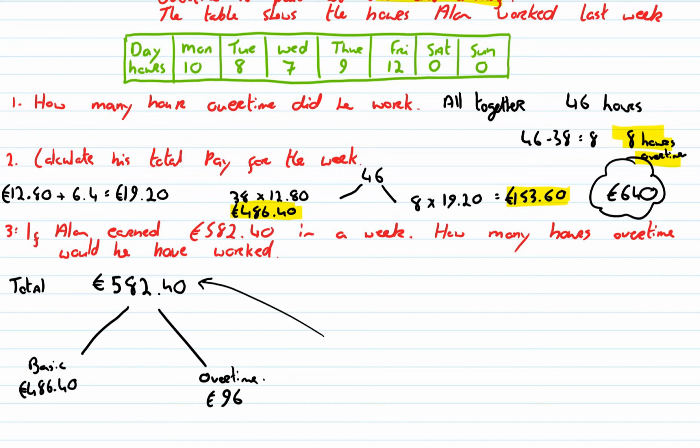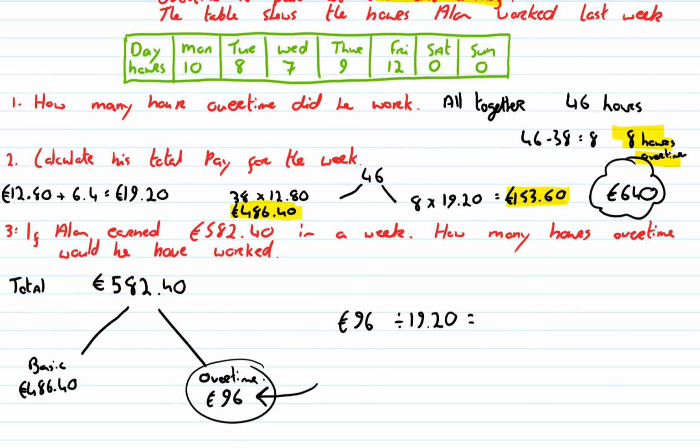Okay, well, let's think. He has €96 overtime. He's paid 19.20. So if I divide 19.20 into 96, I'll find out how many hours he's worked. So 19.20 into that, and I get 5. So he's earned 5 hours overtime.